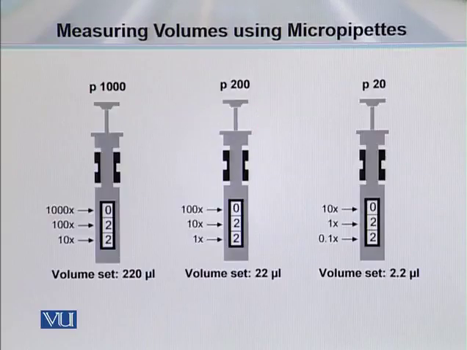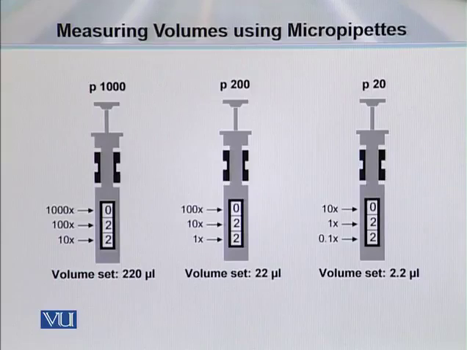If we compare these DVIs or digital volume indicators of these three micropipettes, we can see that there is a difference. In P1000, the three digits represent thousands, hundreds and tens of the volume. In P200, the digits represent hundreds, tens and units of the volume.